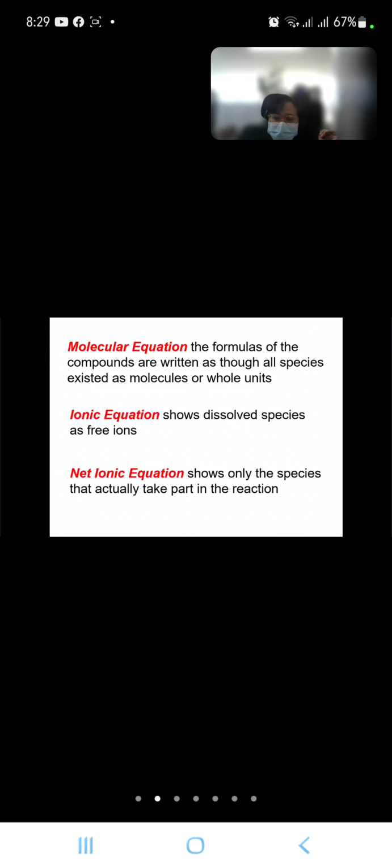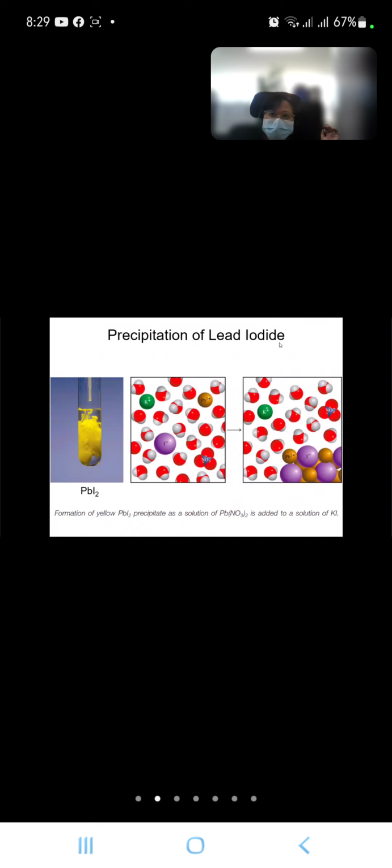Then the net ionic equation shows only the species that actually take part in the reaction. So this is the equation which results after the cancellation of our spectator ions. Okay. You understand, class?